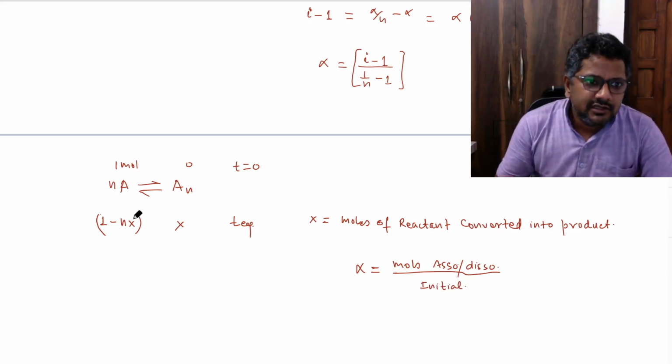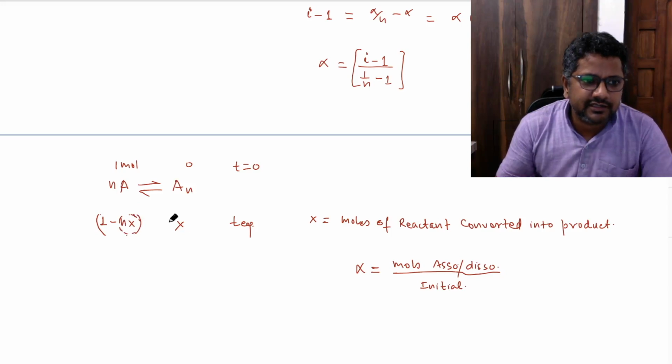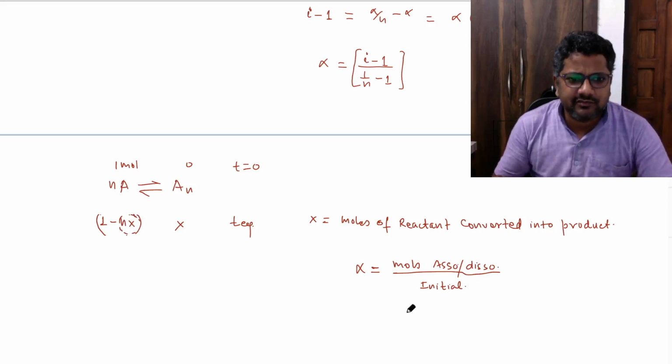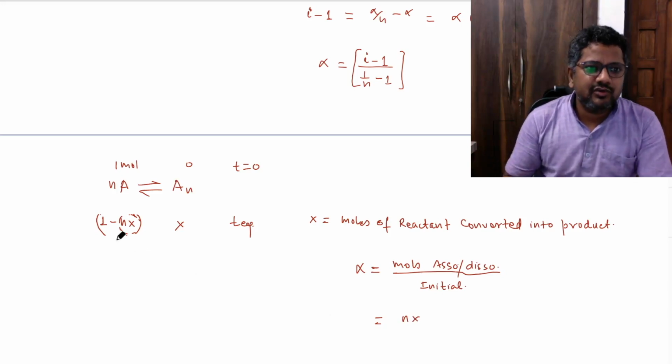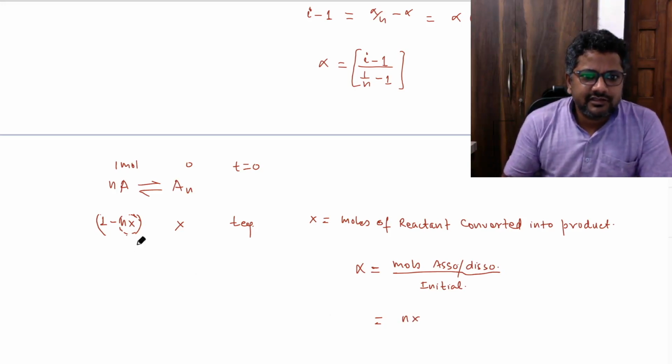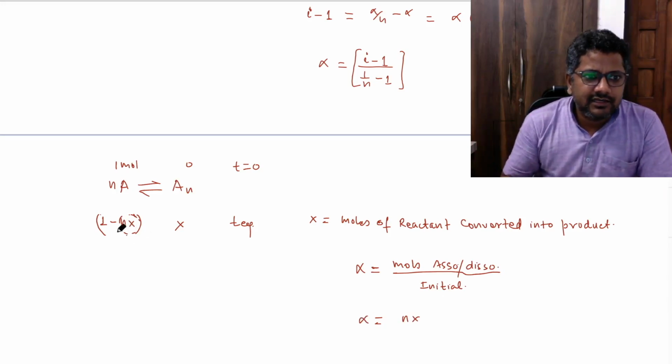Here the moles of A that polymerize, or trimerize, dimerize, whatsoever, are nx. So alpha is equal to n into x. Now you can put this in the equation: alpha is equal to nx, so nx is equal to alpha.